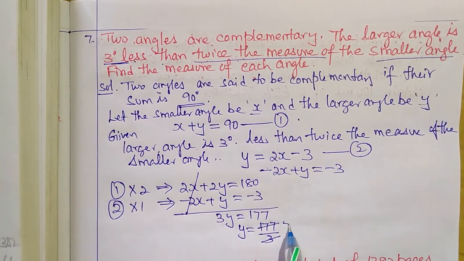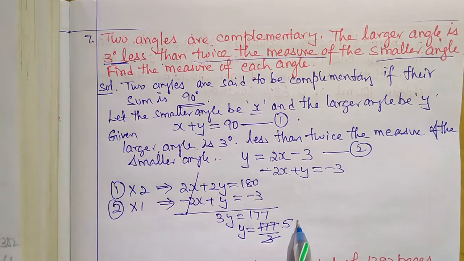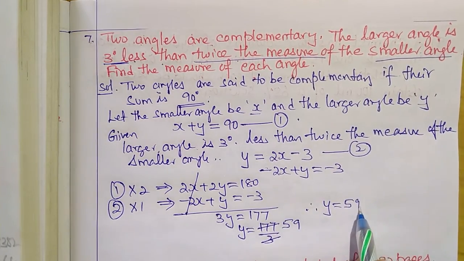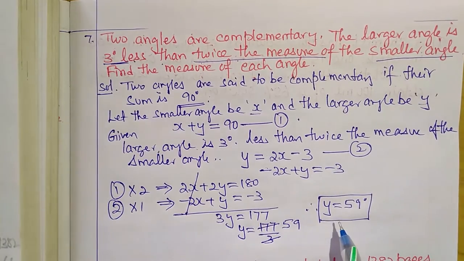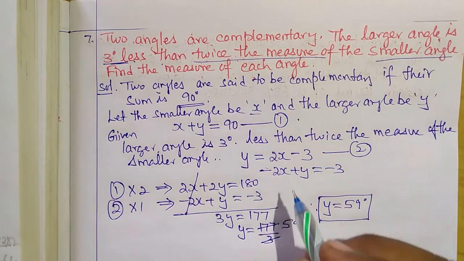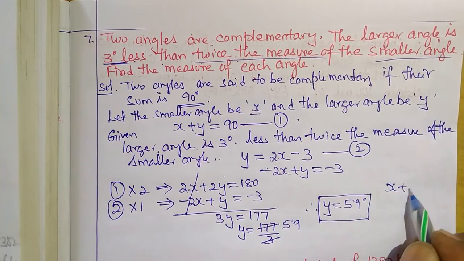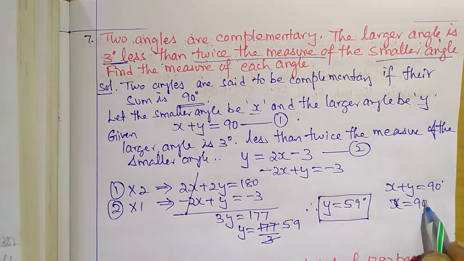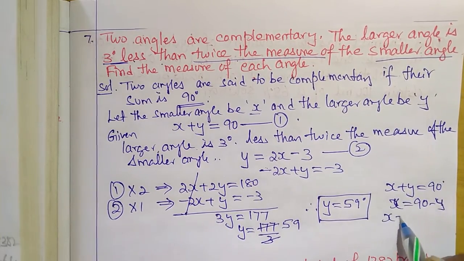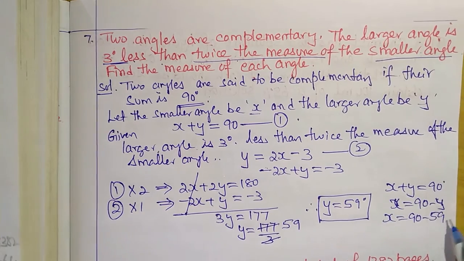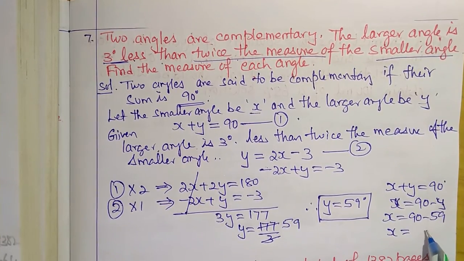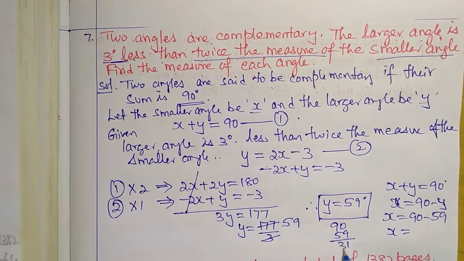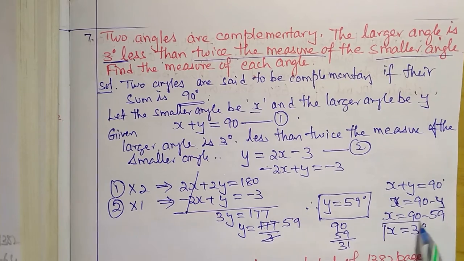3 5s are 15, 27, 3 9s are 27. Therefore, the angle y is 59 degrees. Then what is x? x plus y is equal to 90 degrees. So x is equal to 90 minus y, so x is equal to 90 minus 59. 90 minus 59 is 31 degrees.